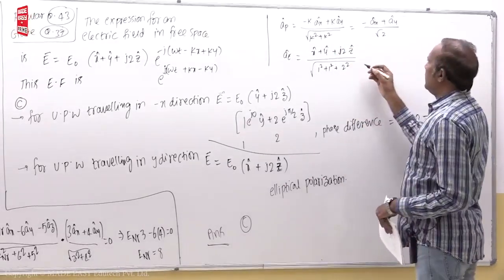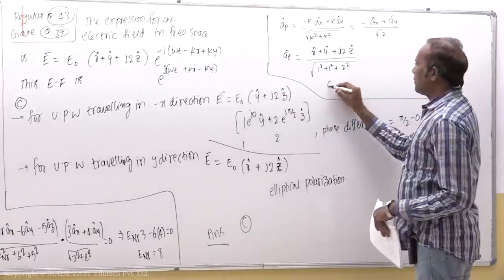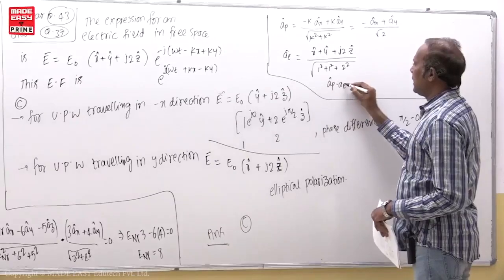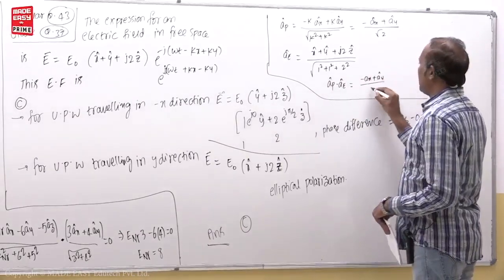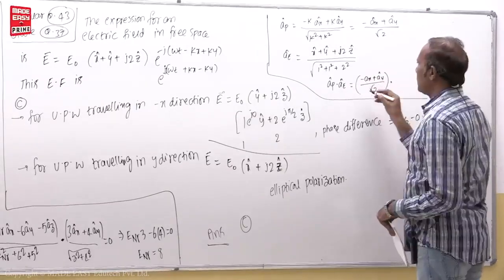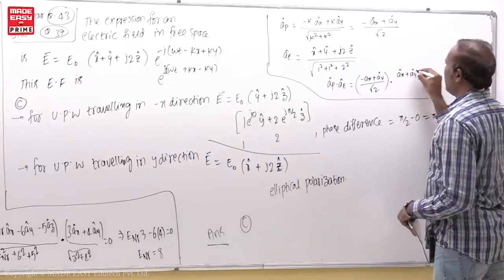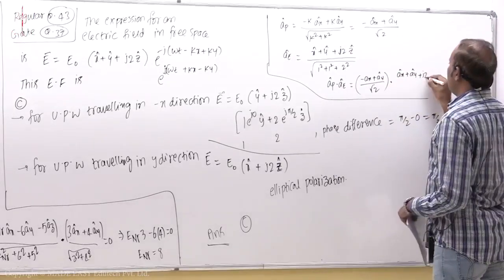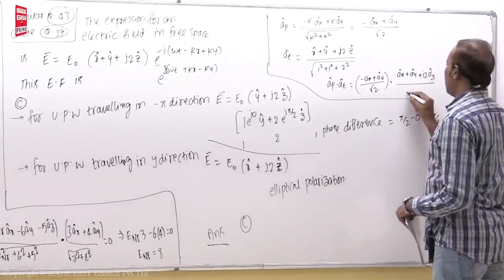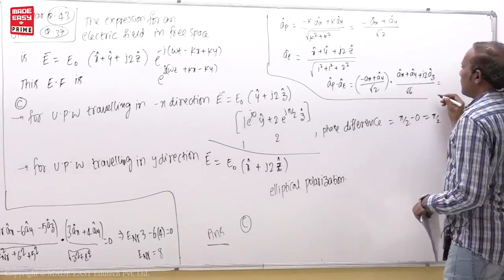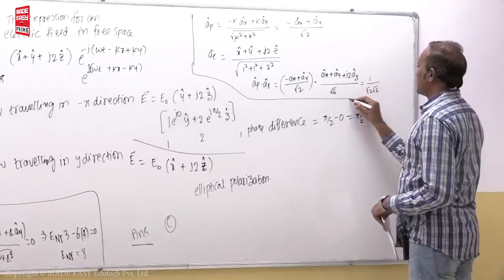So now you take the dot product. So aP dot aE is equal to minus ax plus ay divided by root 2, dot ax cap plus ay cap plus j2 az cap divided by root 6. So that is equal to 1 divided by root 2 root 6.